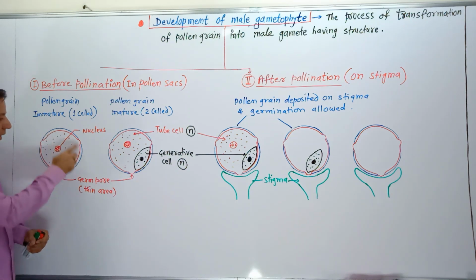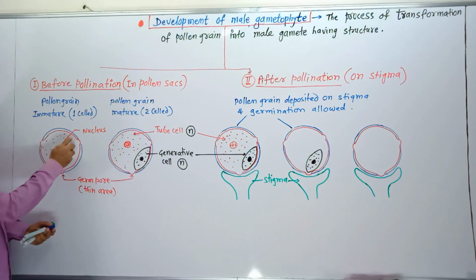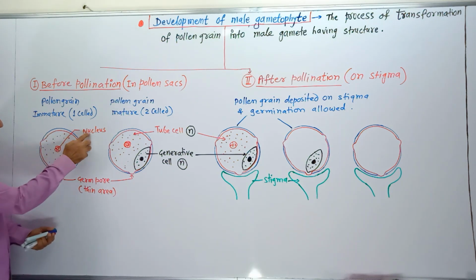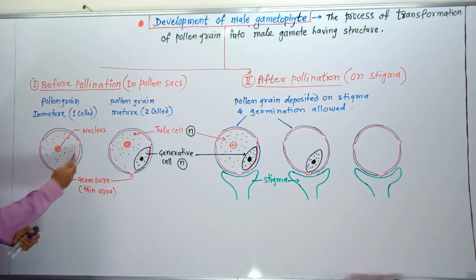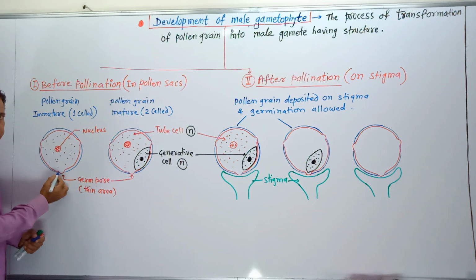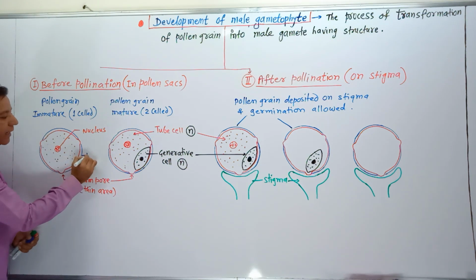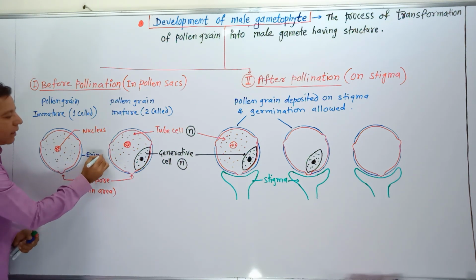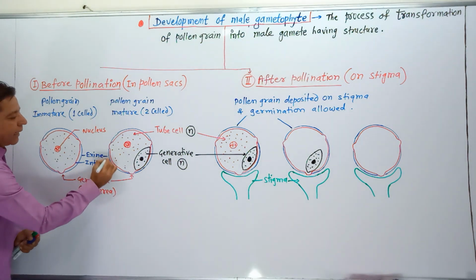The one-celled pollen grain has a single cell structure, a cell with a prominent nucleus and cytoplasm, along with some thin areas called germ pores, and two wall layers, exine and intine.